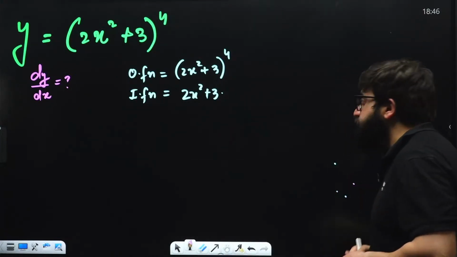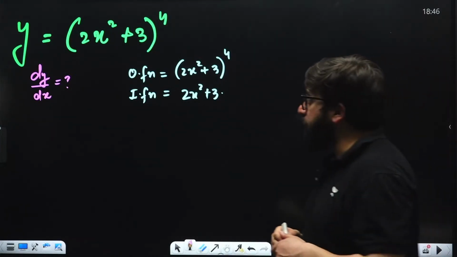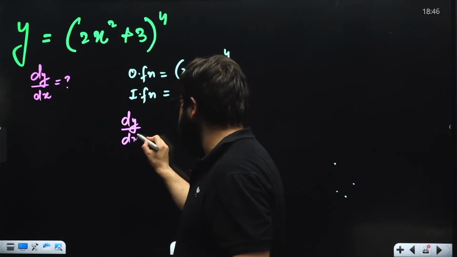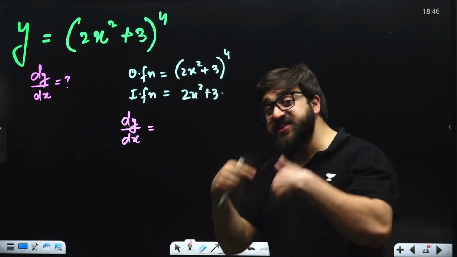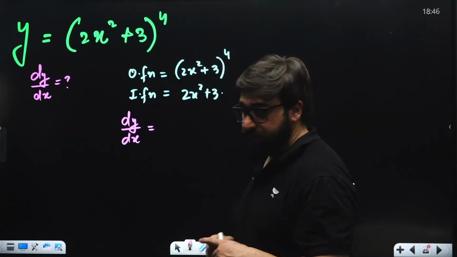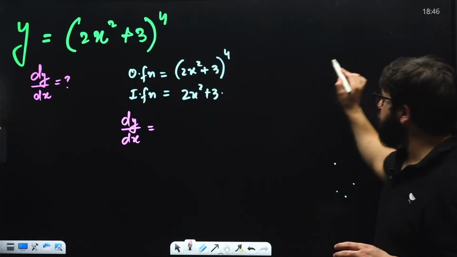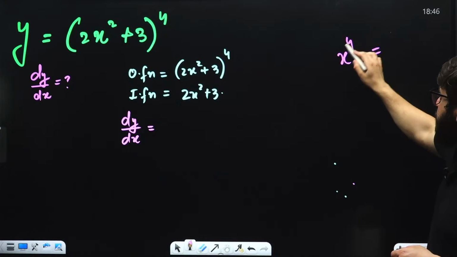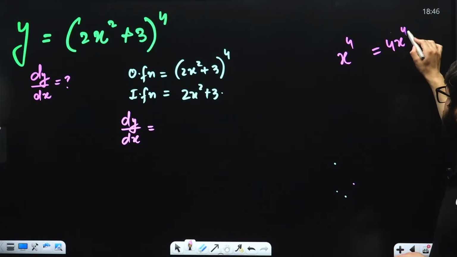Now guys, if I say you have to find dy by dx, what will you say? Differentiation of the outer function. Let's suppose it was x raised to the power 4, what would you have said? That is 4 down, x raised to the power 4 minus 1.